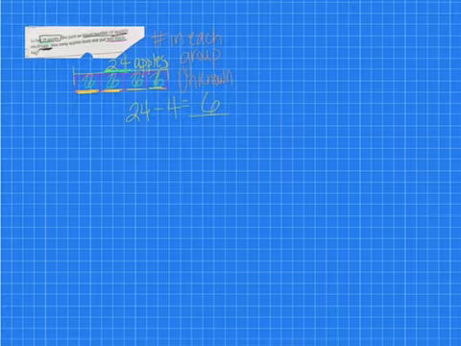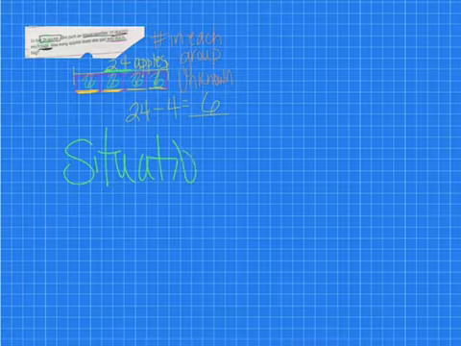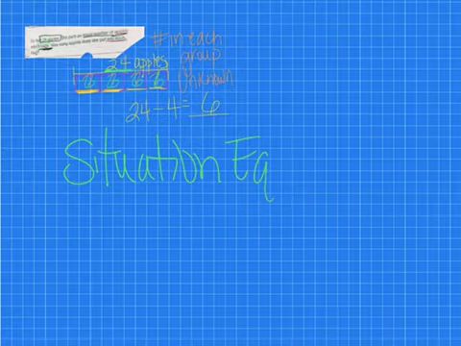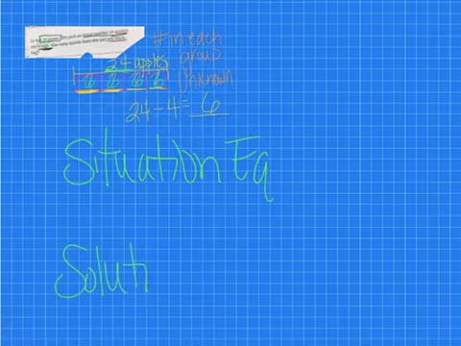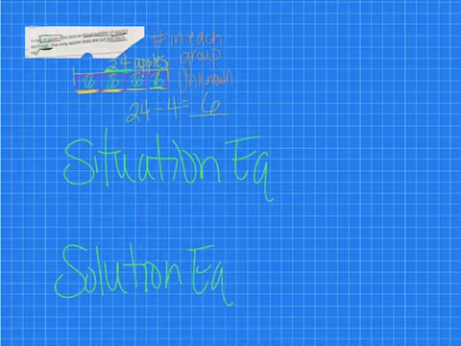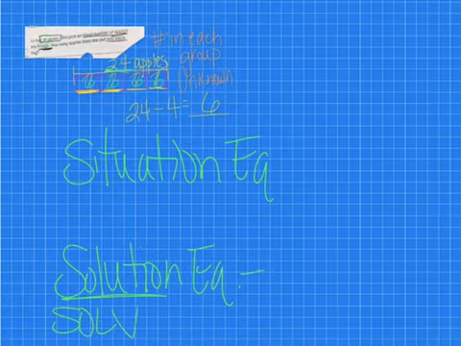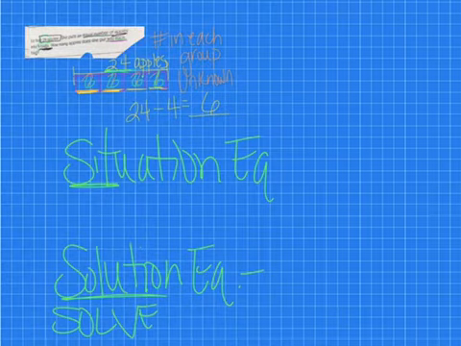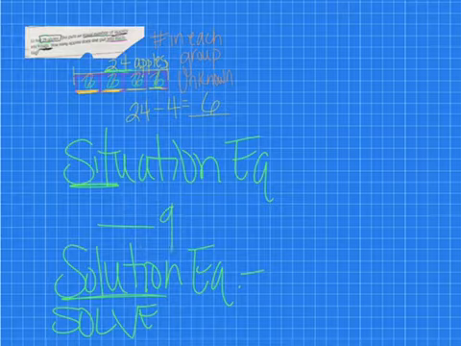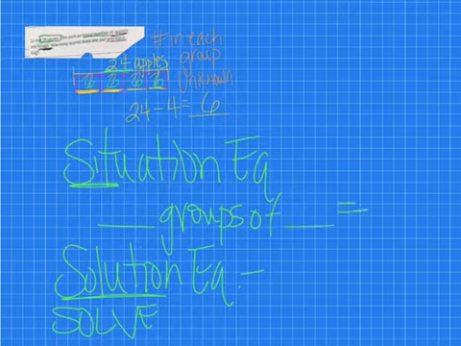So now we have to figure out our situation equation and our solution equation. Now, our solution equation is how we solved it. That's the easy one. Solution, think, solve. Situation, of course, is the blank groups of blank equals blank.